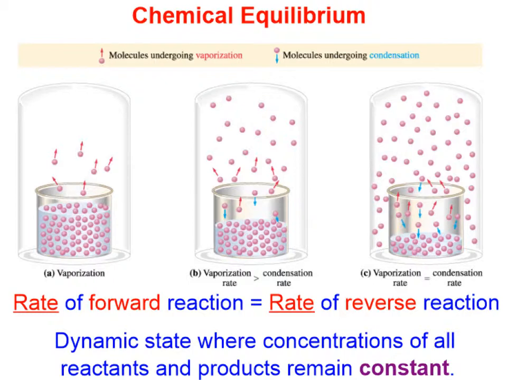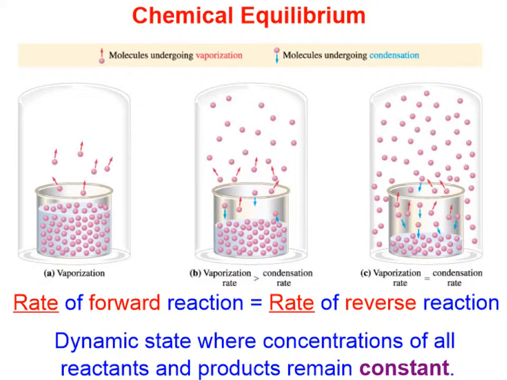Now that's not the only thing going on, because after we have these molecules in the gas state, some of them are going to change back into the liquid state via condensation. So we have molecules going from liquid to gas, but we also have some molecules going from gas back into liquid.